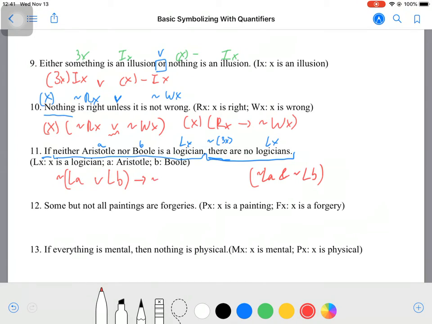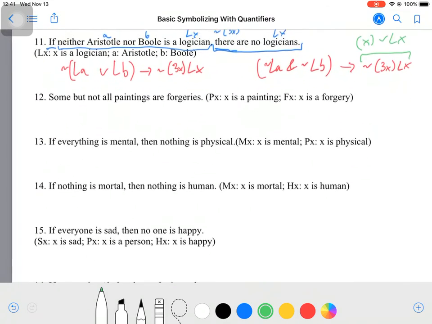Then it's not the case that there exists an x such that x is a logician. And this would be the same on this side. You could also write this part right here as for all of x, x is not a logician. That also works. So this one especially is just depending on what makes sense for you and resonates for translations.